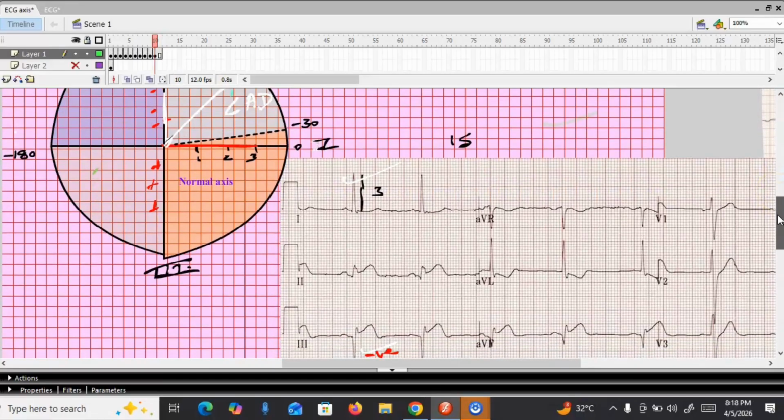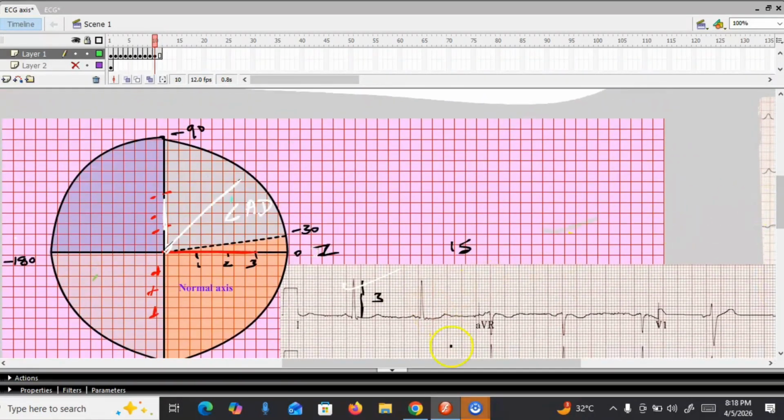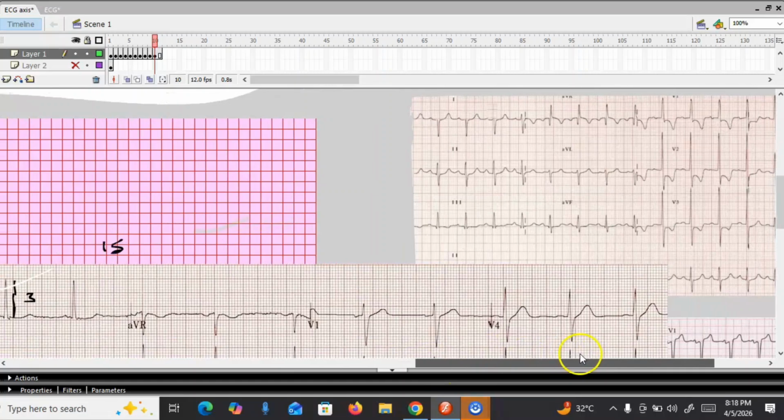Now if we consider the right axis deviation, see over here. If we consider this ECG, what you can see here is that the S wave in lead 1, as compared to the previous ECG, is deep. Got it? In lead 1 it is around 2 big squares, that is 10 small squares.